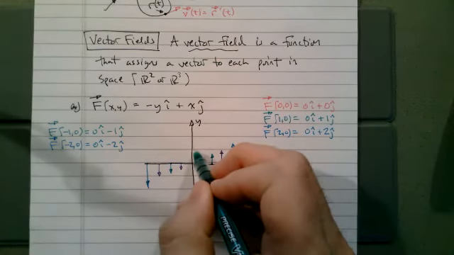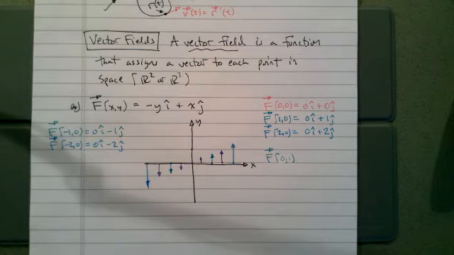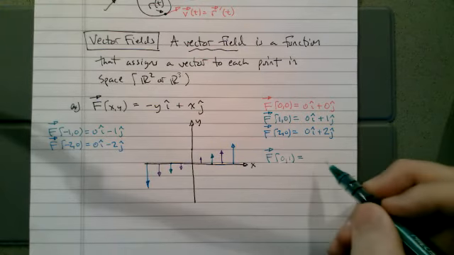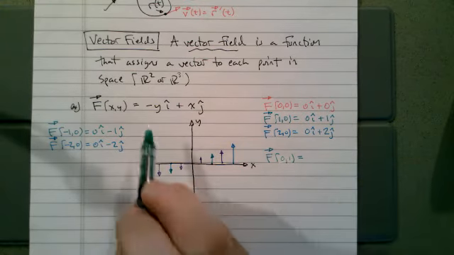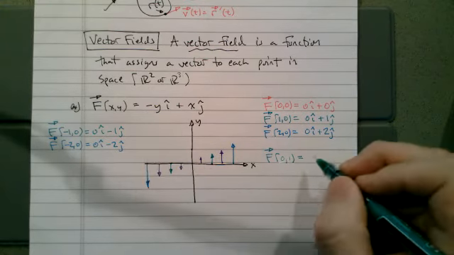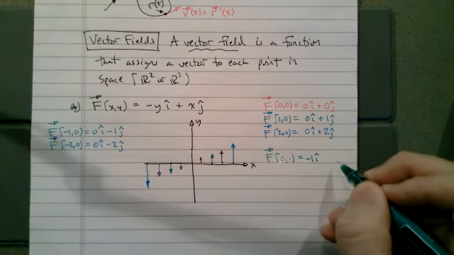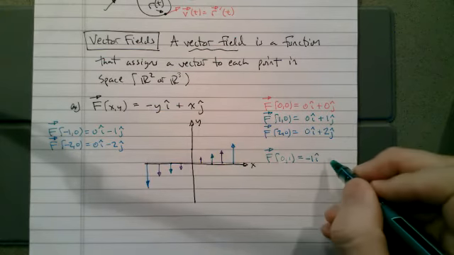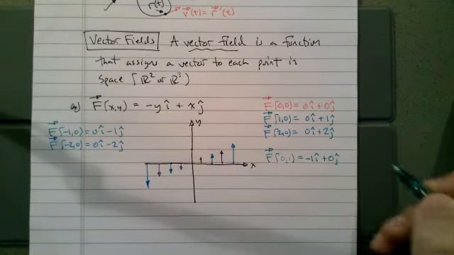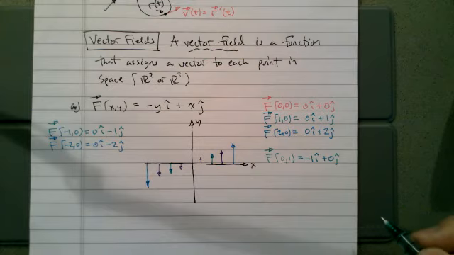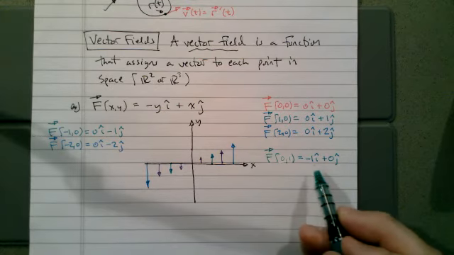So let's look at the point 0, 1. It'd be about right there. Now, in this case, y is 1, so we have plugged that into the function here. So minus 1 times i plus 0 times j. So now we're getting no movement in the y direction. We're getting movement in the x direction.